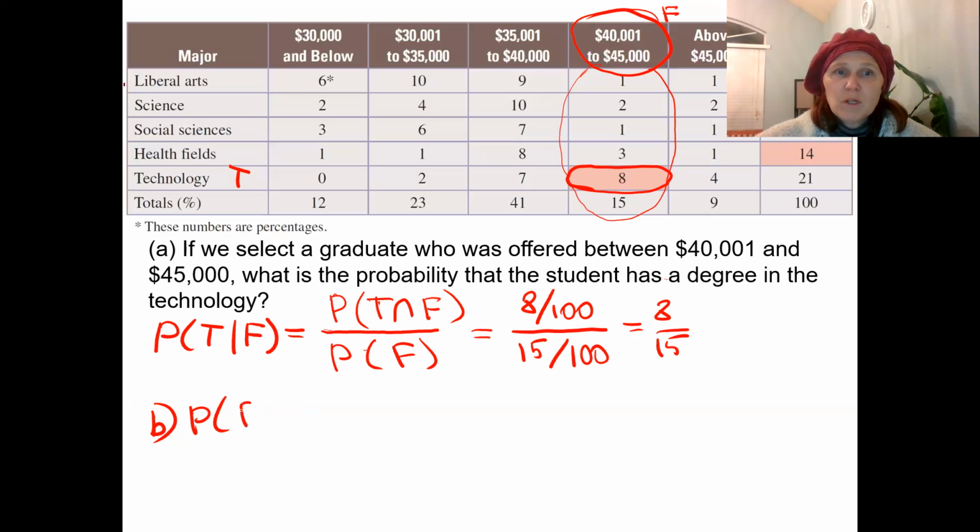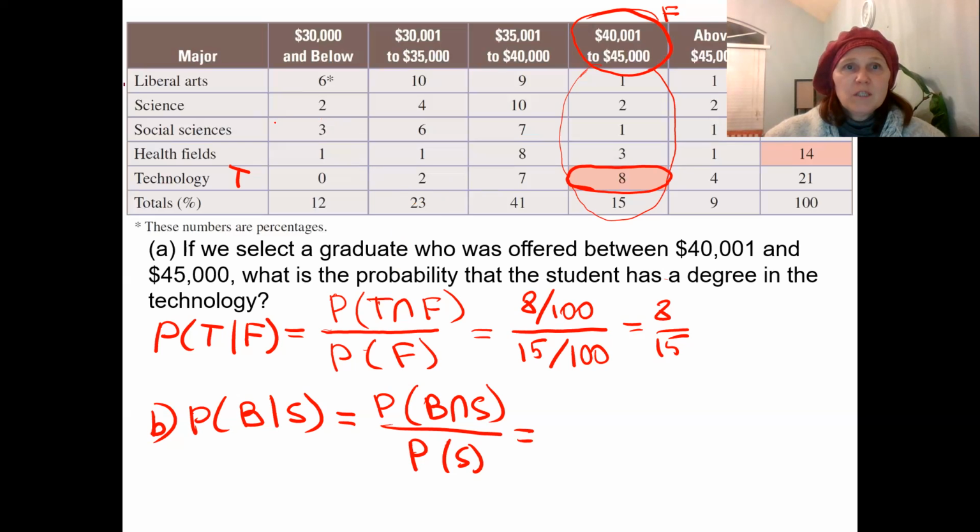So what is the probability of getting below 30, given that it is a social science student? The probability of the intersection of these two events, B and S, divided by the probability of the given event, social studies.